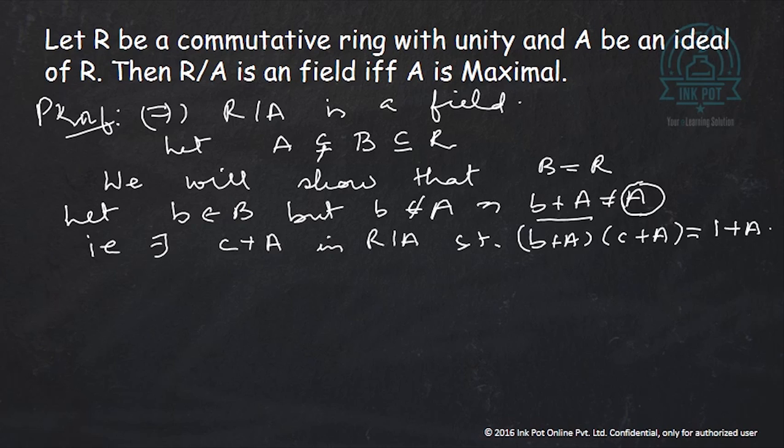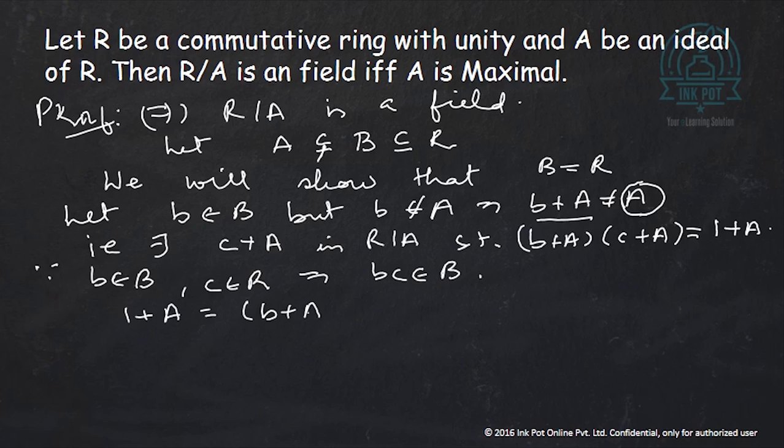So because now b belongs to B and c belongs to R and B is an ideal, bc belongs to B, right? Because B is an ideal. Now 1 plus A is equal to b plus A times c plus A. So this is equal to bc plus A, which implies that 1 minus bc belongs to A, right?